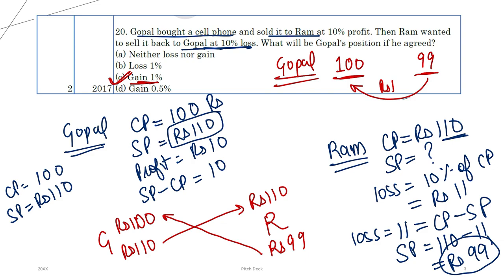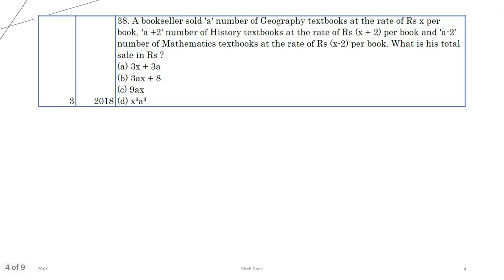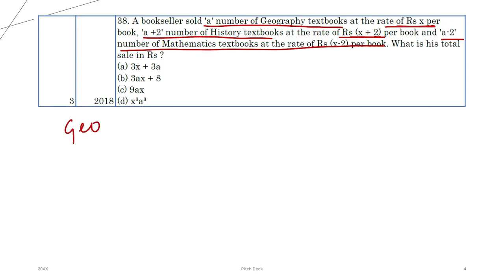Now moving on. A bookseller is selling a number of geography books at the rate of X rupees per book, A plus 2 history books at the rate of X plus 2 per book, and A minus 2 mathematics books at the rate of X minus 2 per book. So geography book, history book, and maths book.